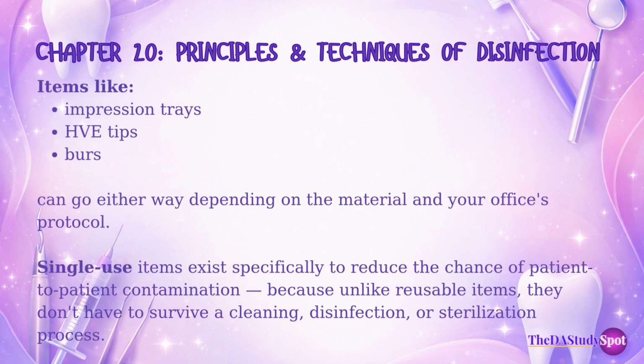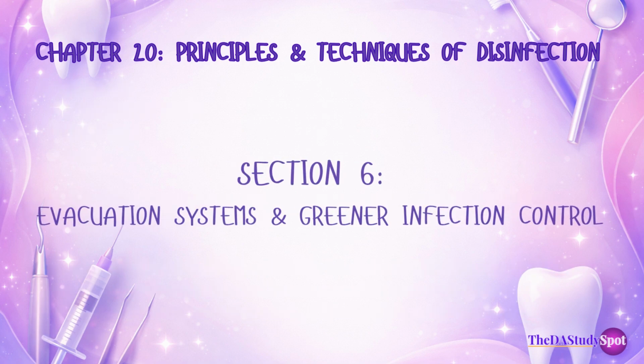Then there are items like impression trays, HVE tips, and burs that can go either way depending on the material and your office's protocol. And single-use items exist specifically to reduce the chance of patient-to-patient contamination because, unlike reusable items, they don't have to survive a cleaning, disinfection, or sterilization process.